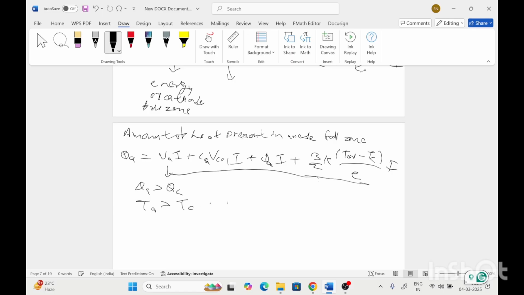So here, cathode is the workpiece and TA is the electrode.